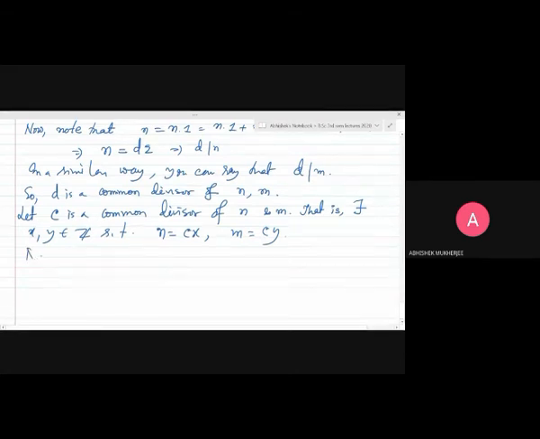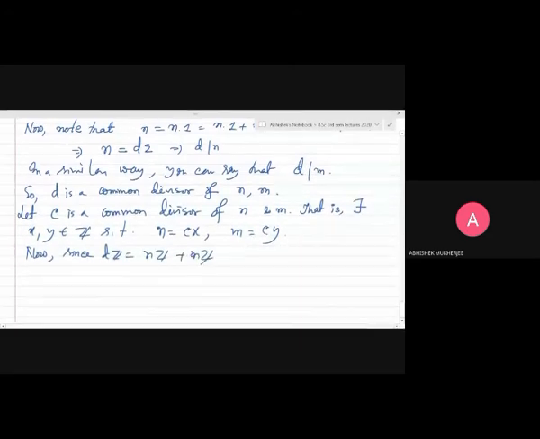Now, since dZ is equal to nZ plus mZ, in a similar manner as we have seen in the case of n and m, that n and m are in dZ, so in a similar way you can show that d is in nZ plus mZ.